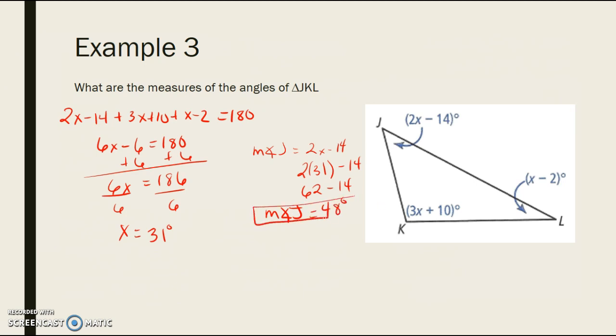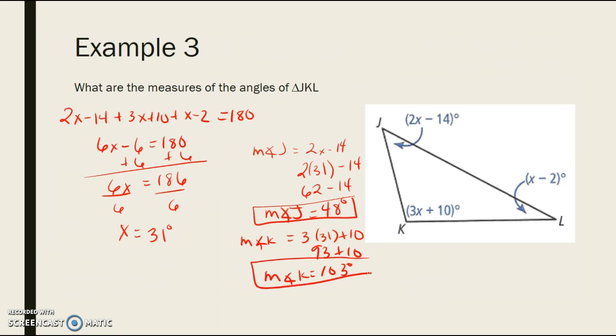So that's one answer. And then we do the same for K. The measure of angle K will equal 3 times 31 plus 10, because we're going to replace x with our 31. 3 times 31 is 93, so 93 plus 10 is 103 degrees. So the measure of angle K equals 103 degrees.